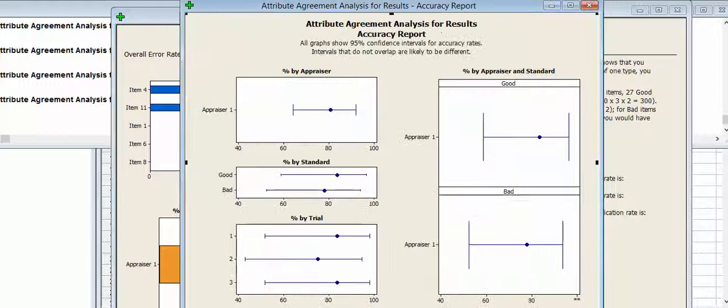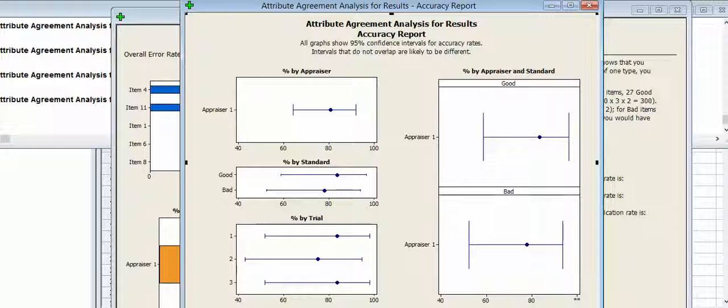At the end of the day, we want to make sure that our inspectors do agree between the trials. They have a small error rate, and we have a good repeatability. Very important is how we select the parts. We want to ensure that we have a good combination between good and bad.